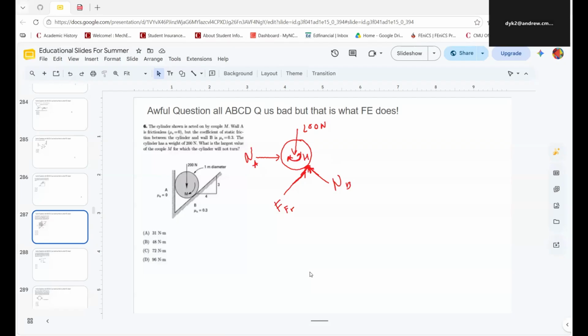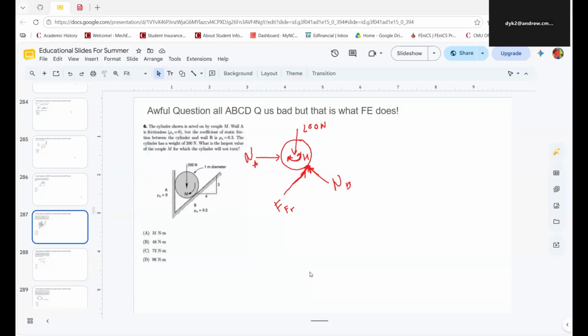How would I begin this? I think the first logical way would be to figure out Fy, because the friction and the normal force contribute to Fy, but no other place does.